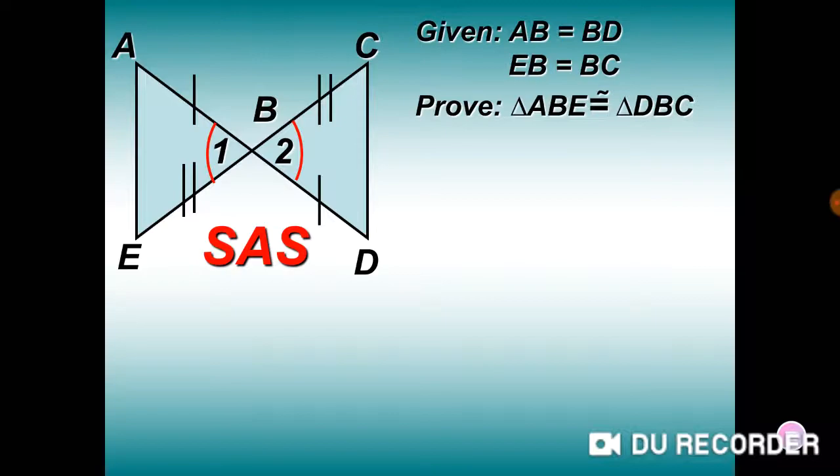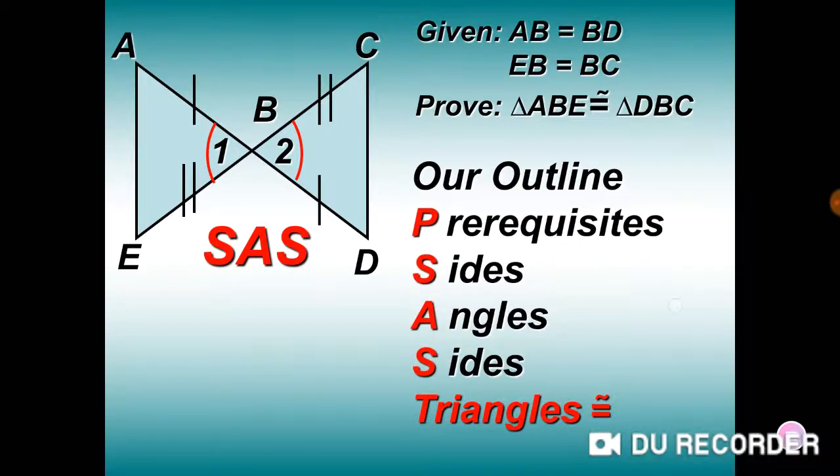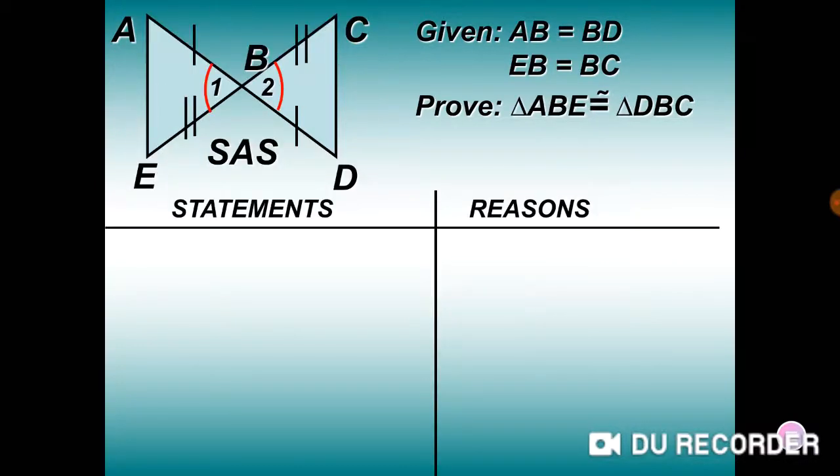Okay, so since we are already ready to prove that the 2 triangles are congruent, and our plan to do so is side angle side, let's go and translate our thoughts into mathematical proof.